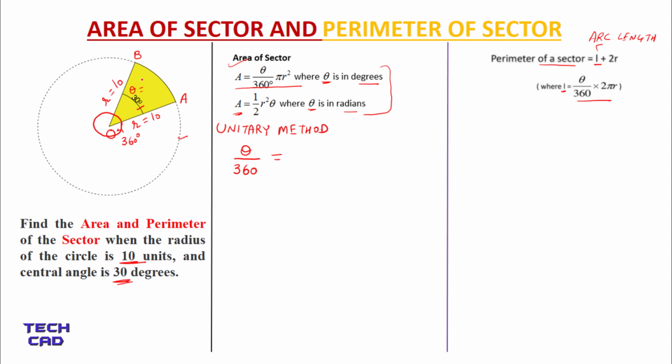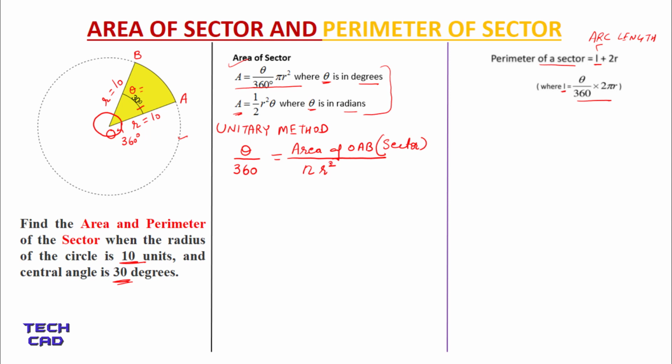And theta represents the area of the sector OAB, which is what you are going to find out, divided by the area of the circle, which is pi r square. So students, this is the way to derive this formula.